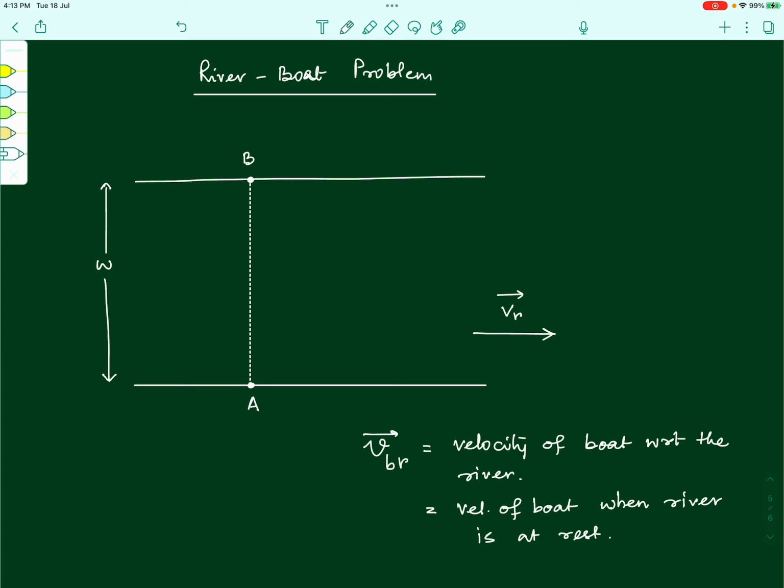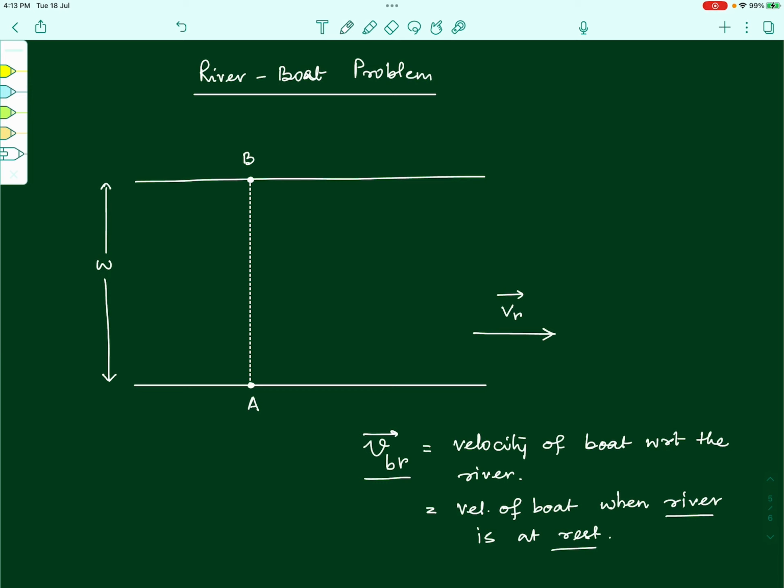In that case, do you understand that the boat will move in whatever direction you steer it, right? So if for a while the river is considered at rest, then the velocity of the boat will be in that particular direction where you steer the boat, where you row the boat, isn't it?